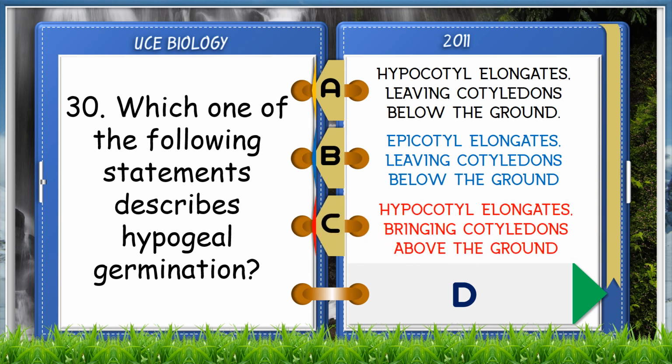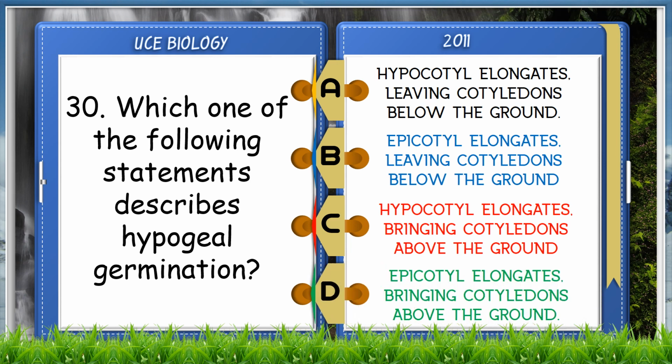C. Hypocotyl elongates, bringing cotyledons above the ground. D. Epicotyl elongates, bringing cotyledons above the ground. The answer is B. Epicotyl elongates, leaving cotyledons below the ground.